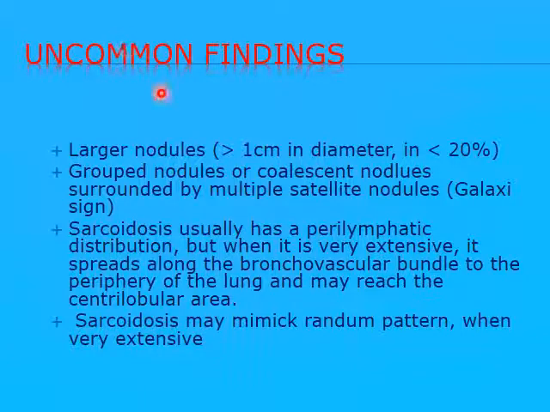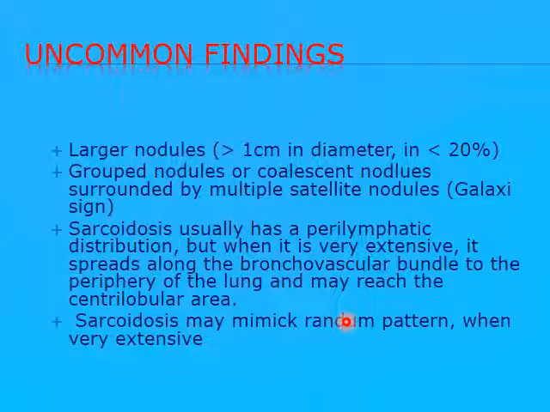Among the other uncommon findings in sarcoidosis, it can present with large nodules, the galaxy sign. What is meant by the galaxy sign? Grouped nodules or coalescent nodules surrounded by multiple satellites. Do you remember satellites in the lecture of solitary pulmonary nodule? This is called the galaxy sign. Sometimes sarcoidosis may have a non-lymphatic distribution.